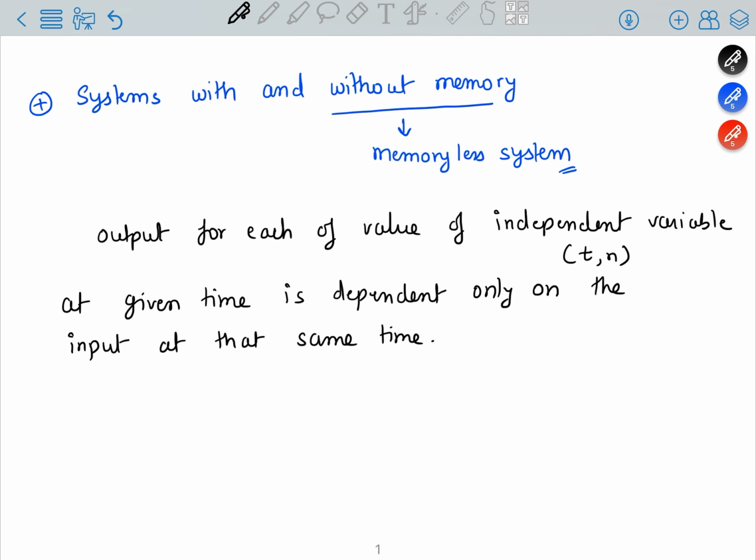I think the definition looks a bit confusing, so we can have an example to understand what "at the same time" means. We are saying that the output for each value of the independent variable at a given time is dependent only on the input at that same time.